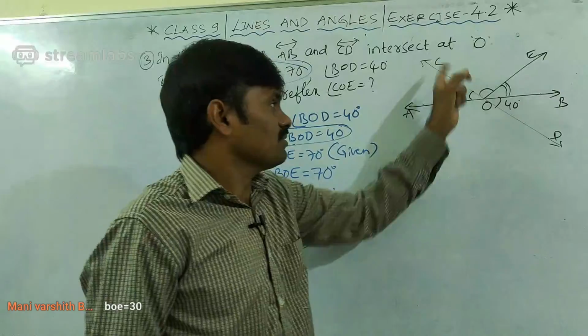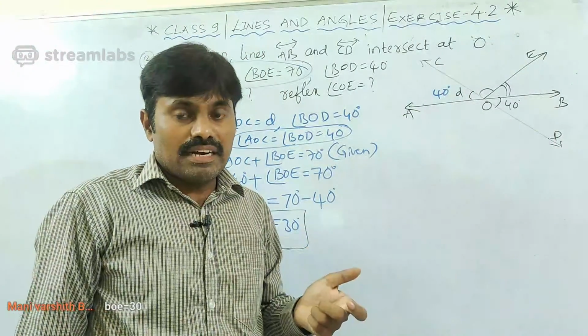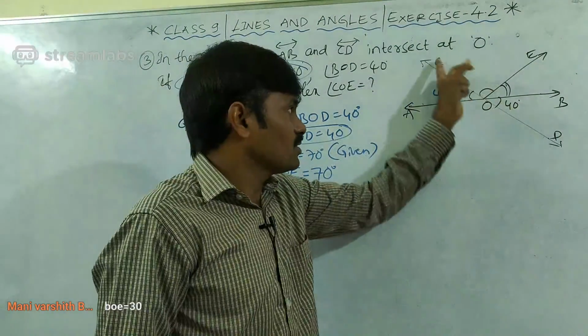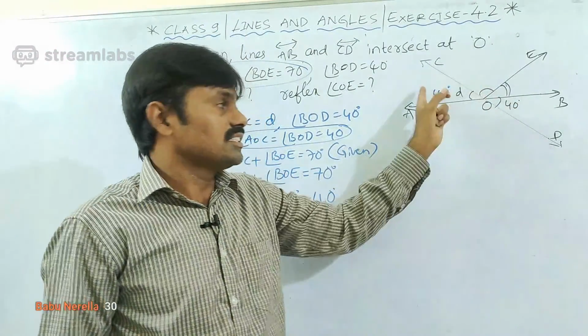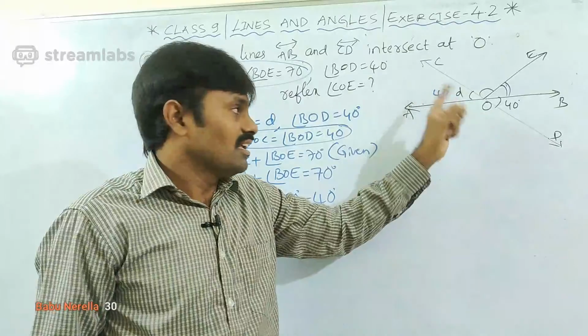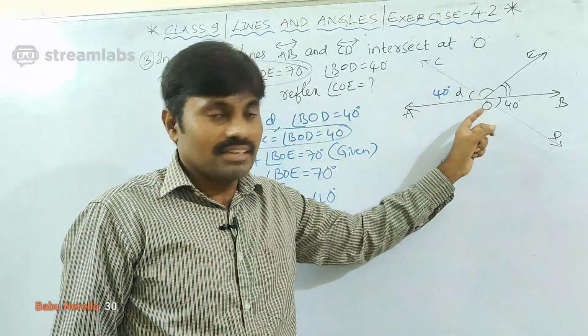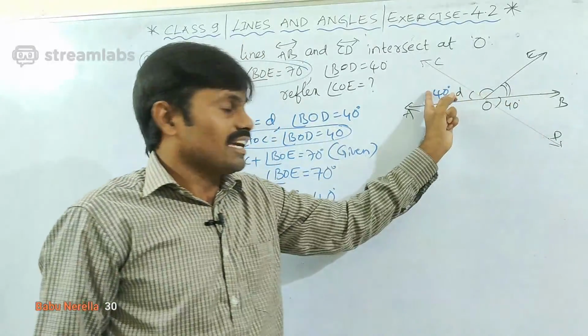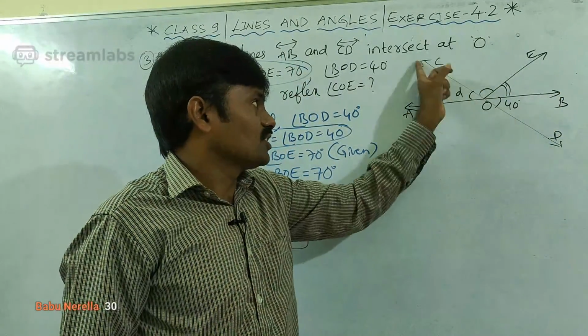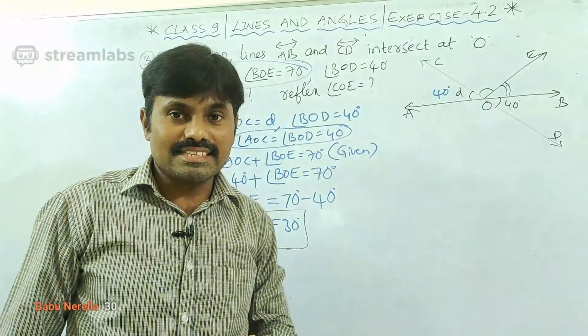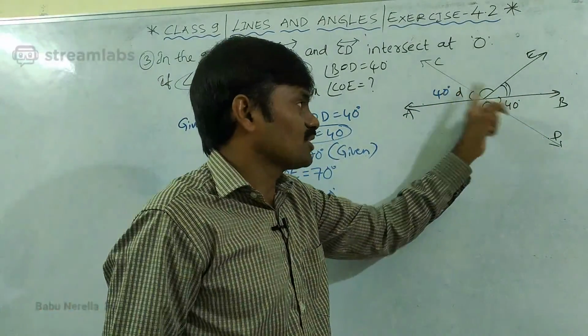So how to find angle AOC? Is there any relation between the known value and this angle AOC? What is the known value? Angle BOD. Yes, we formed a relation: these two are vertically opposite angles.